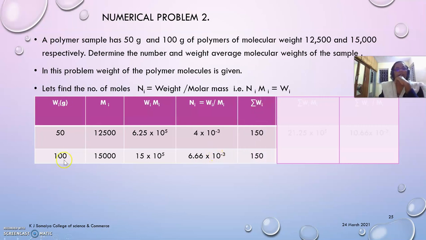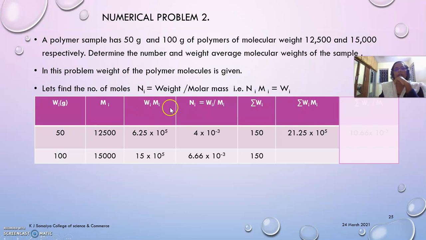Then we will add the total weight of the polymeric molecules. It is 50 plus 100, that becomes 150 grams. Then we compute summation of Wi Mi.